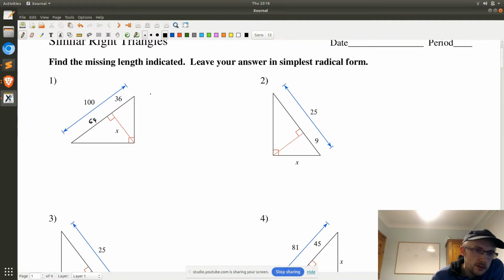18 to 32, 9 to 16. I have a feeling that's 36, but I really can't quite tell. I guess I need to learn this.